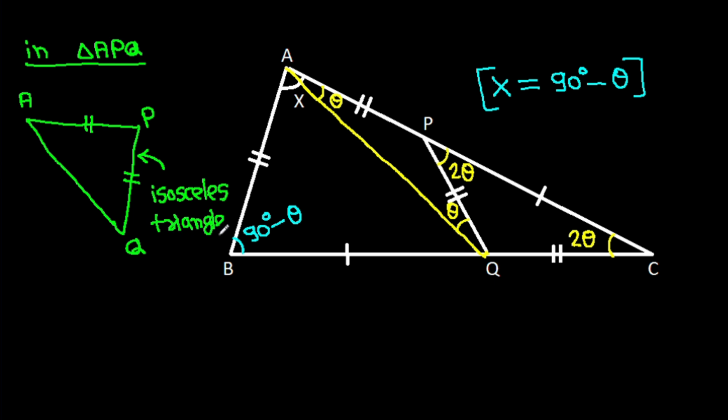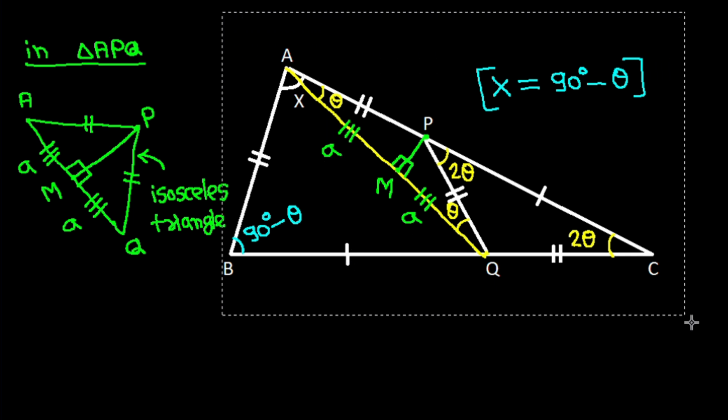So from point P, if we make a perpendicular on AQ, suppose this point is M, then by symmetry AM will be equal to QM. Suppose A.